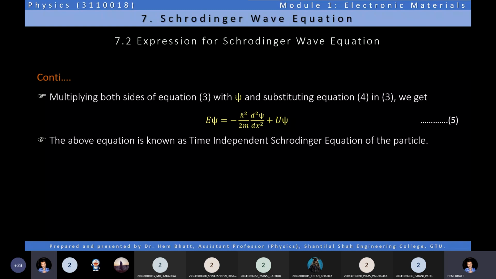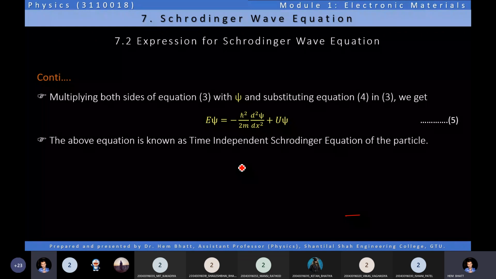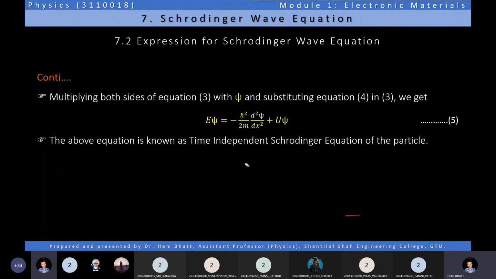Though this fifth equation is the Schrodinger wave equation, if you refer in other books, the form may be slightly different. Let me show you the more popular form of this equation. Can I write this as h cut square by 2m d2 psi by dx square plus e psi minus u psi is equal to 0.